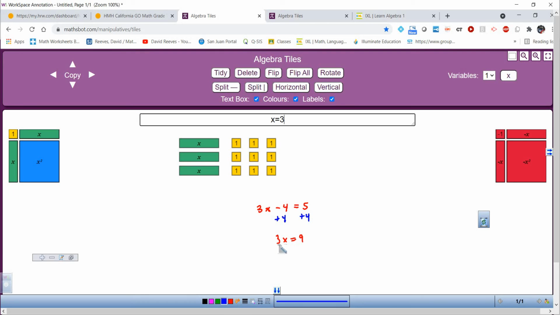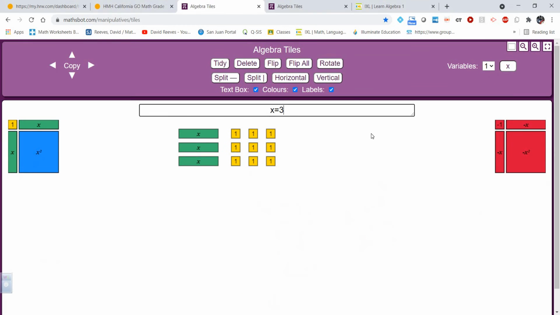And then we divided it up into 3 equal groups, and then we got the answer, x is equal to 3. Okay? And then if we were to check our answer, 3 times 3 minus 4, does it in fact equal 5? Well, 3 times 3 is 9. 9 minus 4, 5 equals 5. It checks. That proves that our answer was correct.